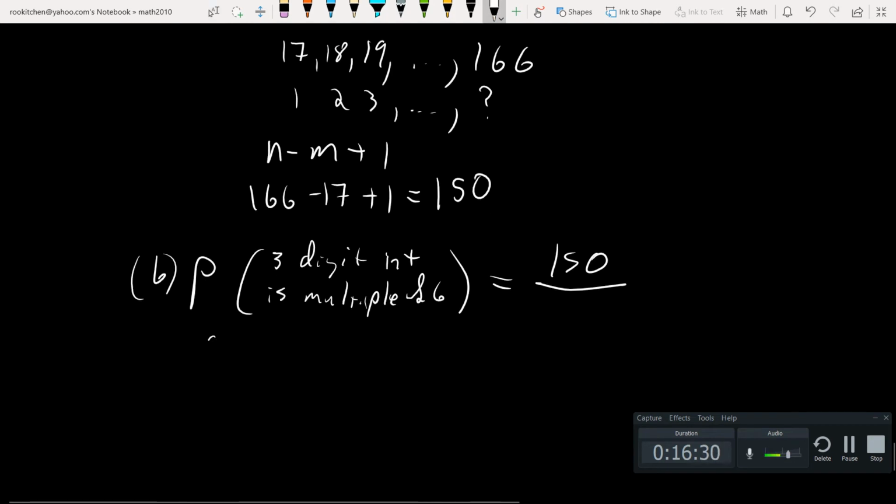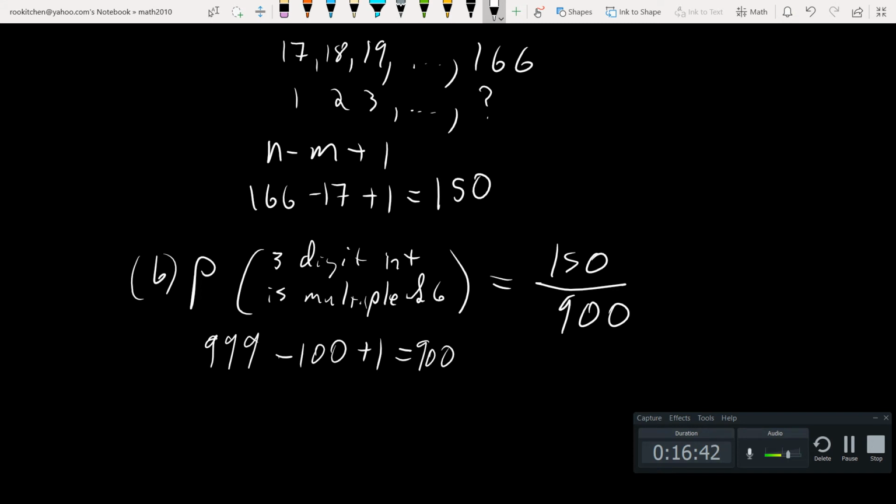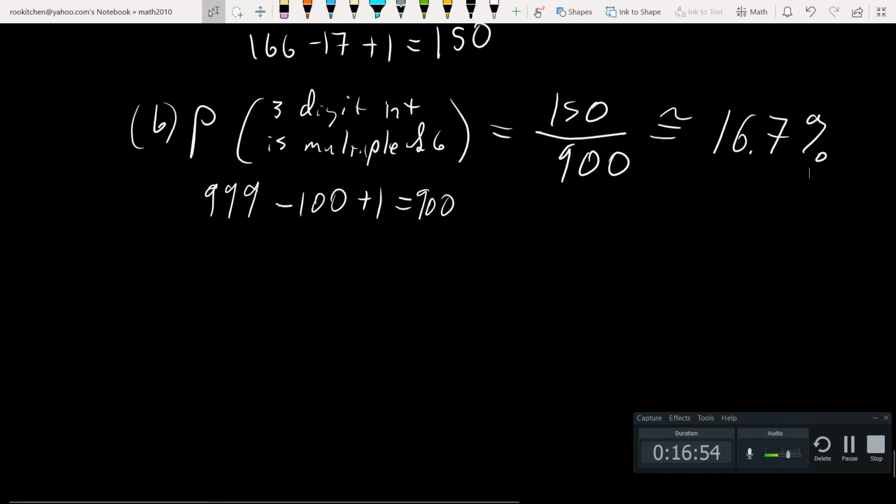Okay, so we got 999 minus 100 plus 1. And of course, that's just going to be 900, right? So that's the number of elements in our sample space, and then you could reduce it. The website may ask for decimal, usually a percent, so 16.7% possible chance.